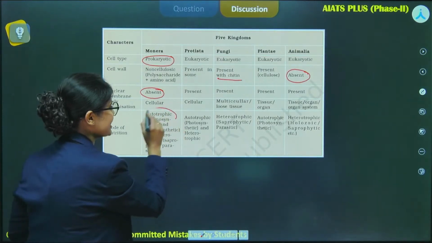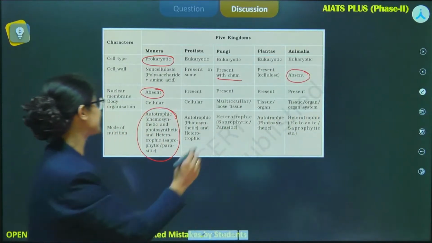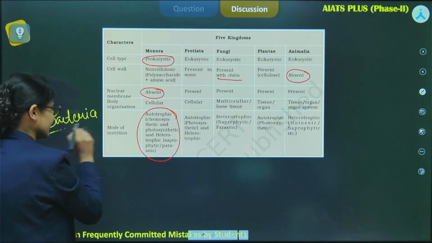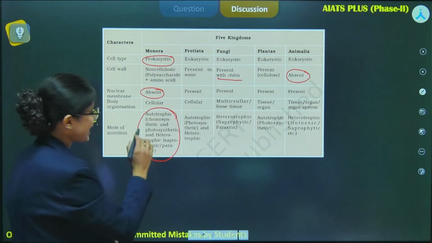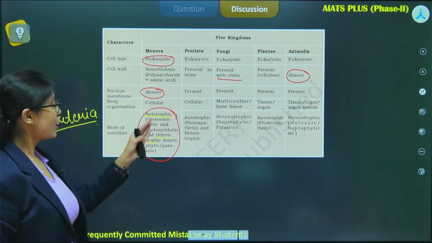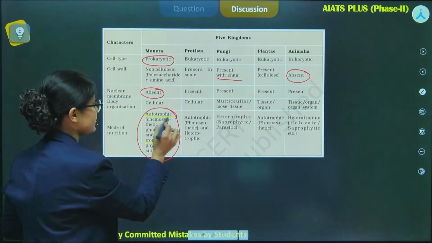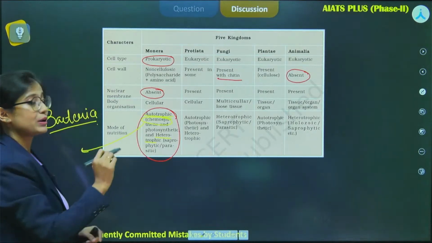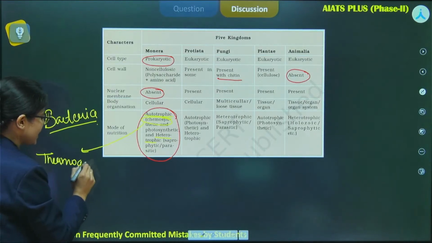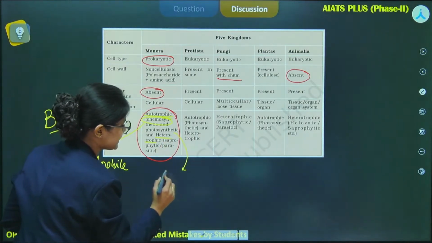Next is body organization, where Monera and Protista are cellular, but fungi, Plantae and Animalia have multicellular or tissue level organization. Now, if we talk about mode of nutrition, among the five kingdoms the most diversity of nutrition can be observed in kingdom Monera. And the sole member of kingdom Monera is bacteria. Here, both autotrophic and heterotrophic modes of nutrition are observed. Autotrophic includes chemosynthetic and photosynthetic. An example of chemosynthetic is thermoacidophiles. For photosynthetic, the classical example is cyanobacteria.